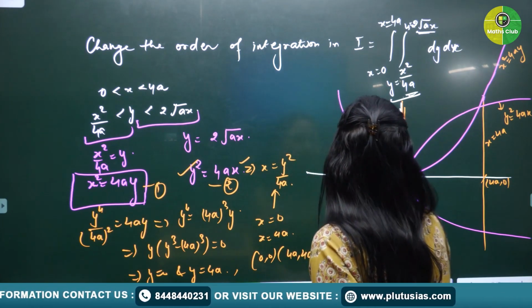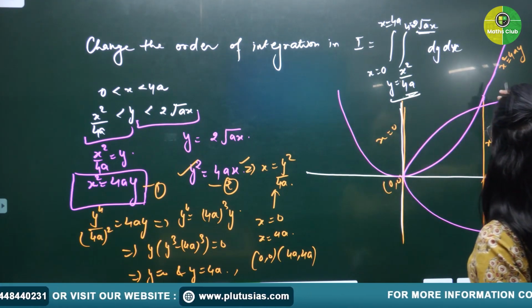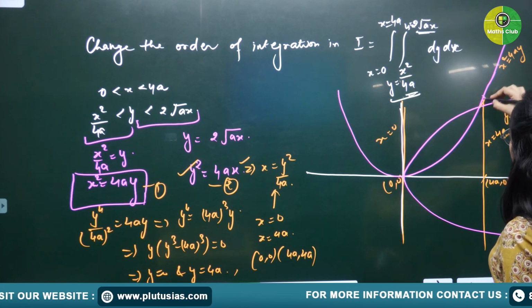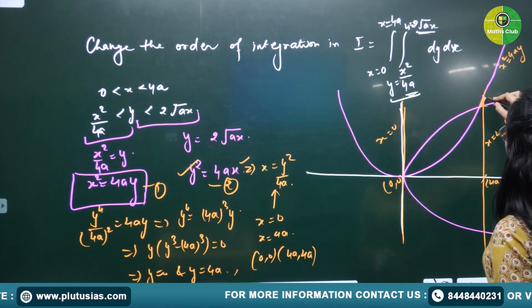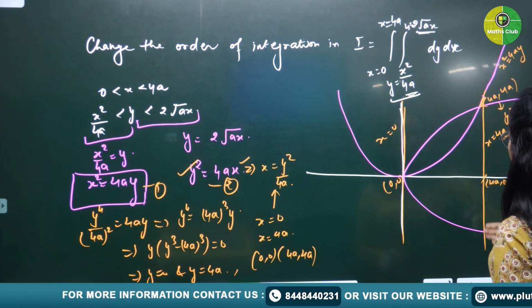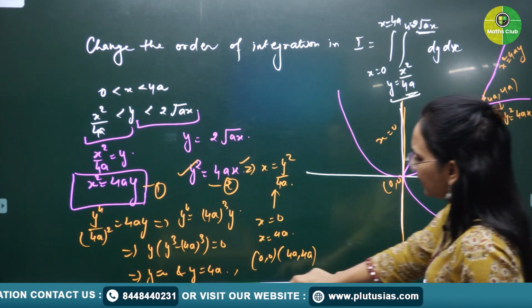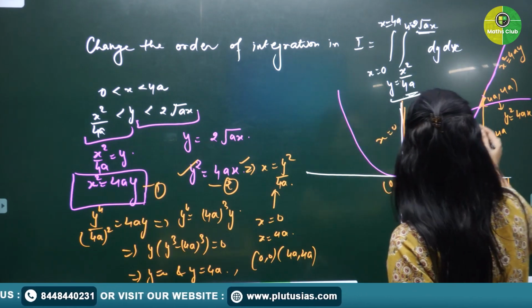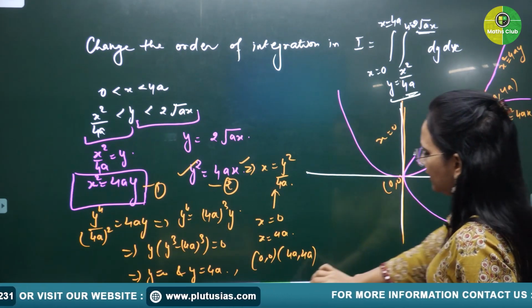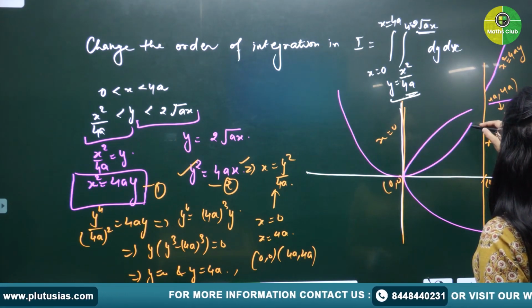So this is 0, 0, that is the origin, and this point is 4a, 4a, and this point is also 4a, 0. So this line also passes through the intersection point. Let me fix this, so that this line also passes through the intersection point.